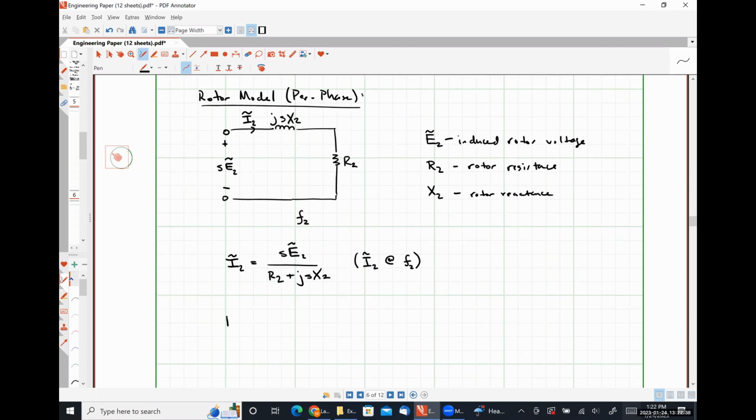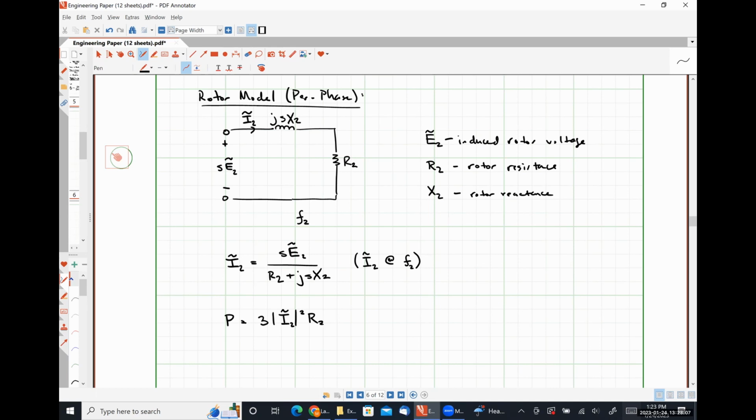If we wanted to calculate the power absorbed by our rotor, I'm putting a 3 here because we're dealing with a 3-phase system. Our power is just going to be the magnitude of our current squared times our resistance.